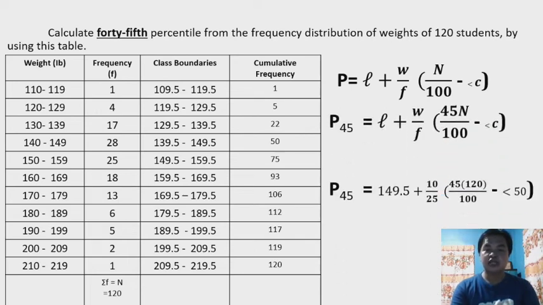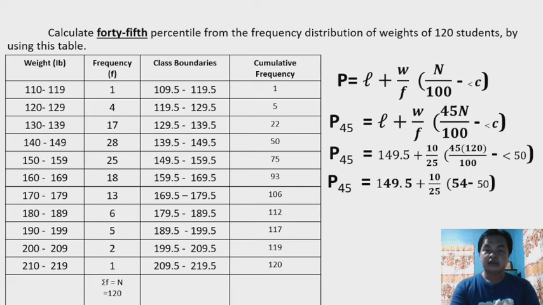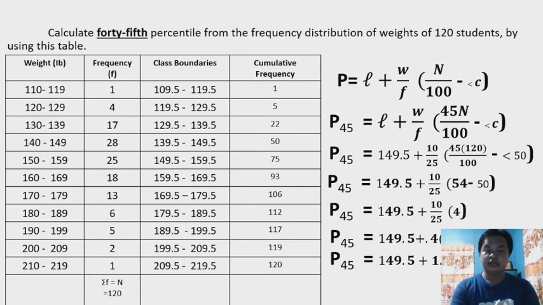Ganun din ang pag-solve, kagaya ng example na pinakita ko sa inyo kanina. So, the 45th percentile from the frequency distribution of weights of 120 students ay 151.1 pounds.